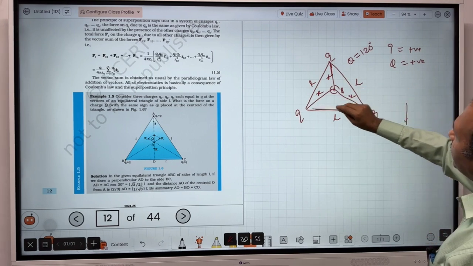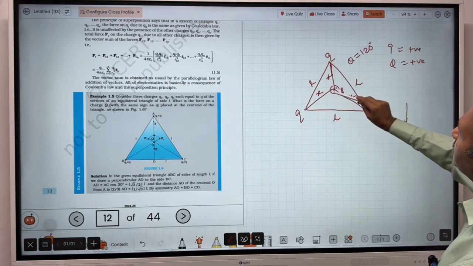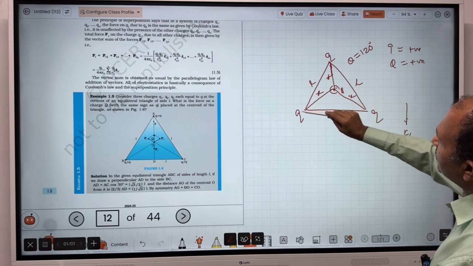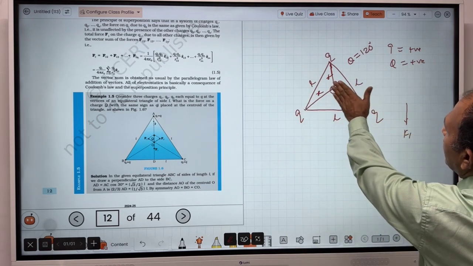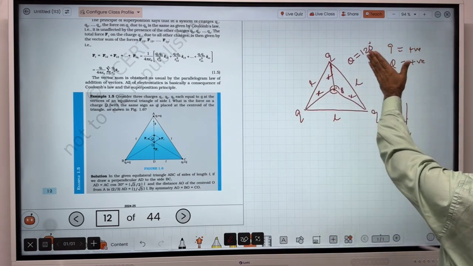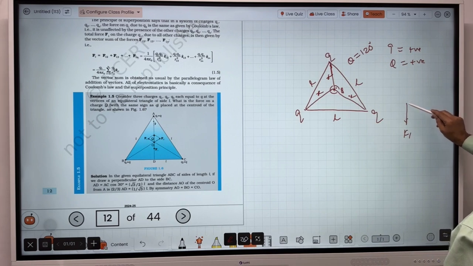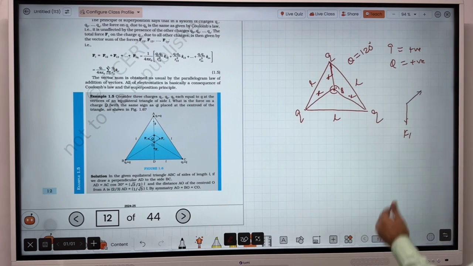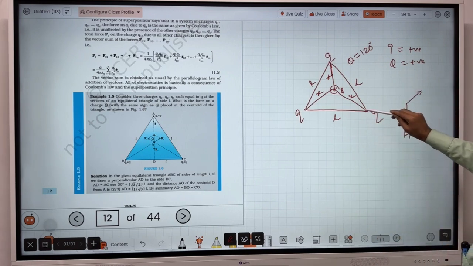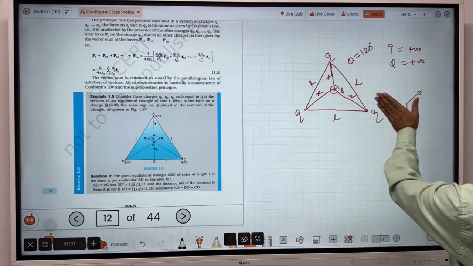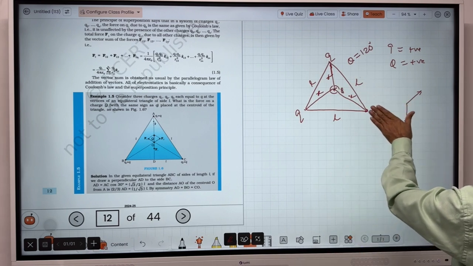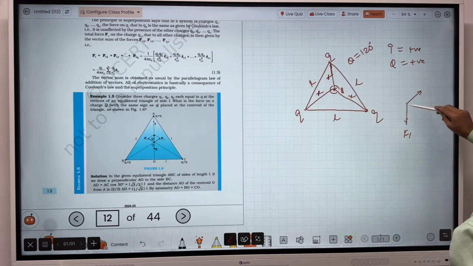Now, this is positive, and if you consider that this charge is fixed, then this charge will get repelled in this direction. Now, the same is true here. This is positive, so if you consider that this charge is fixed, then this will move in this direction.